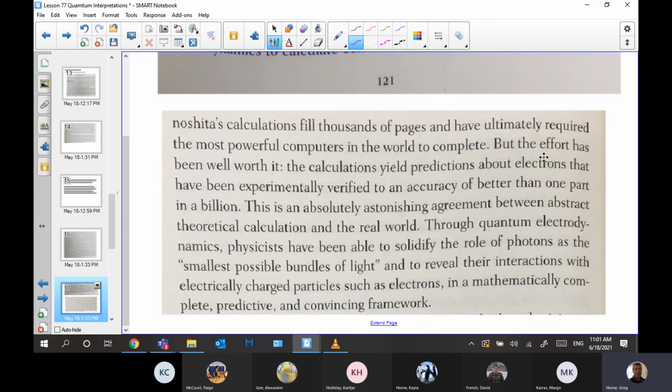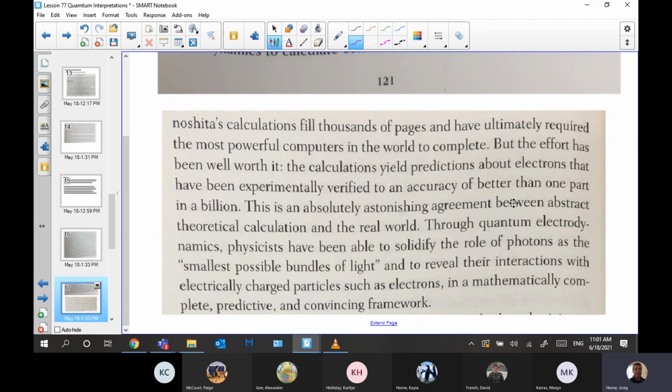The calculations lead to predictions about electrons that have been experimentally verified to an accuracy of better than 1 part in a billion. When you calculate with quantum electrodynamics, your predictions are so reliable that the only chance of it being proven wrong would be like 1 in a billion at this point.